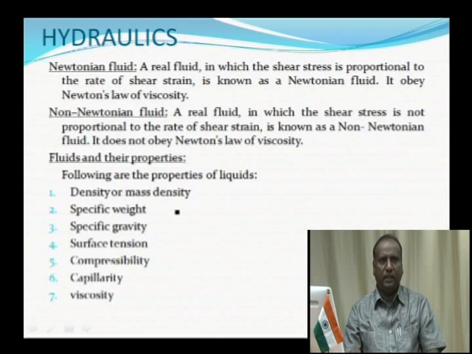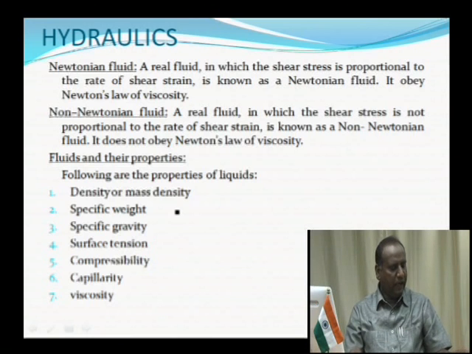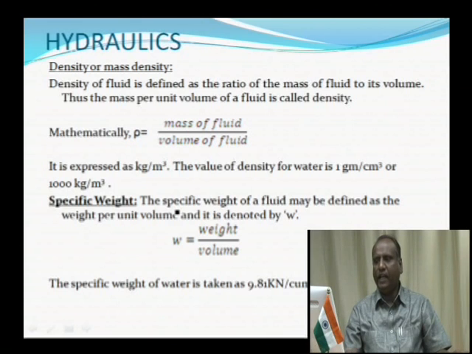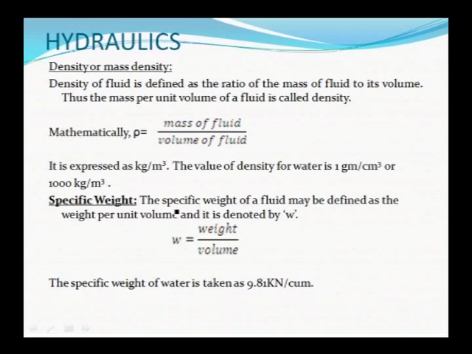First one is density or mass density, the second property is specific weight, the third property is specific gravity, the next one is surface tension, next capillarity and viscosity. Now, we shall understand the definitions of these properties one by one.